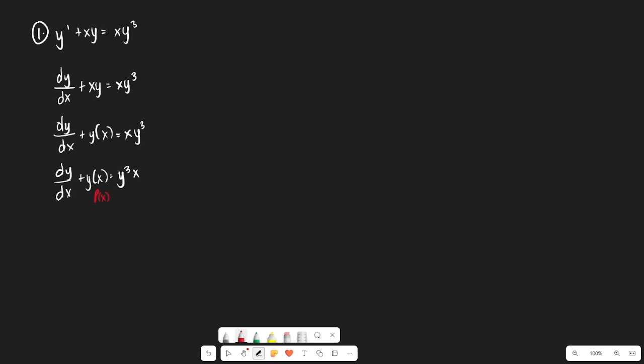This is p of x, and then y raised to n, where this is your n, multiplied by q of x. So this is now a FOBDE in y.